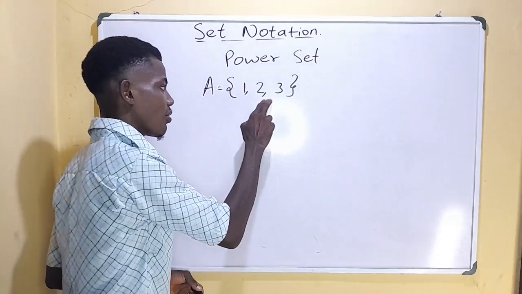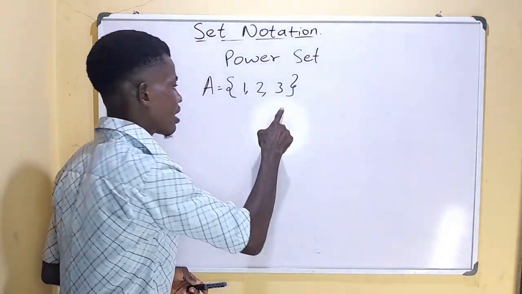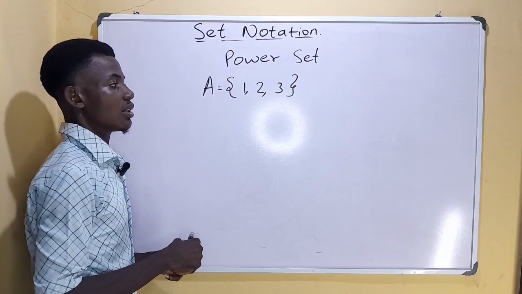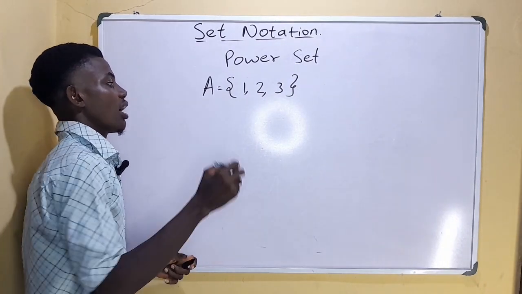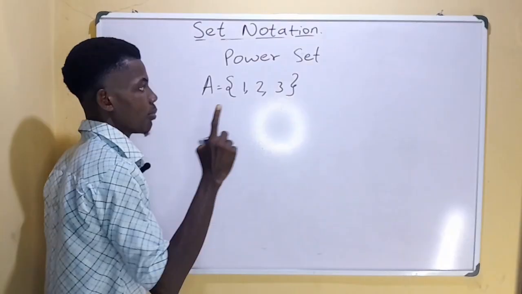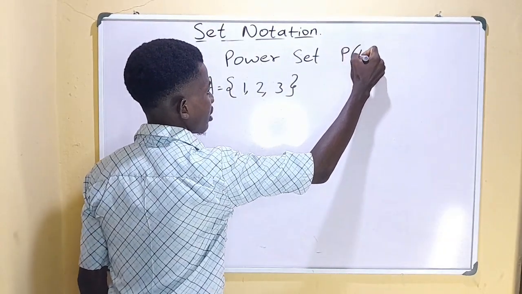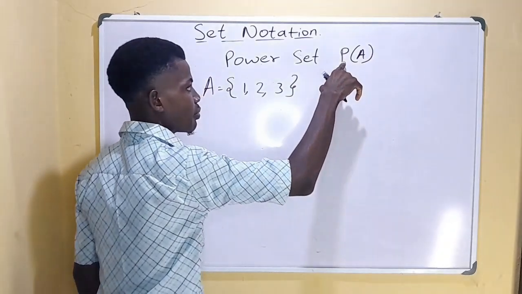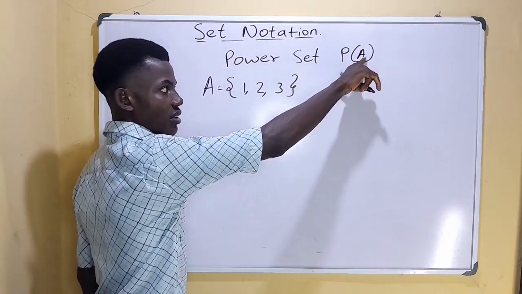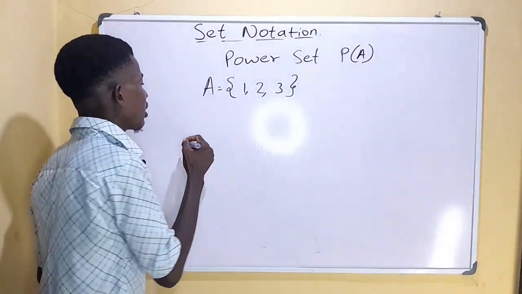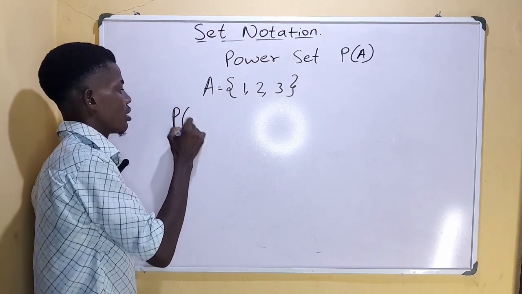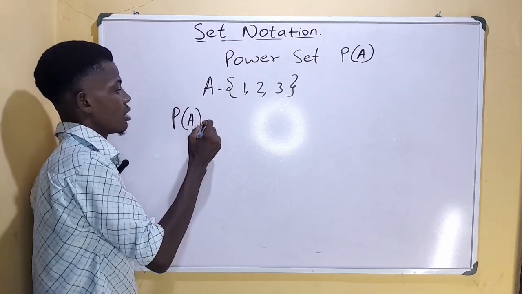We use this notation to denote power set. This means power set of set A.